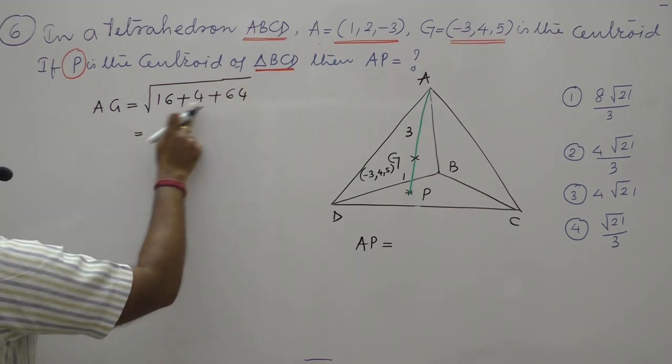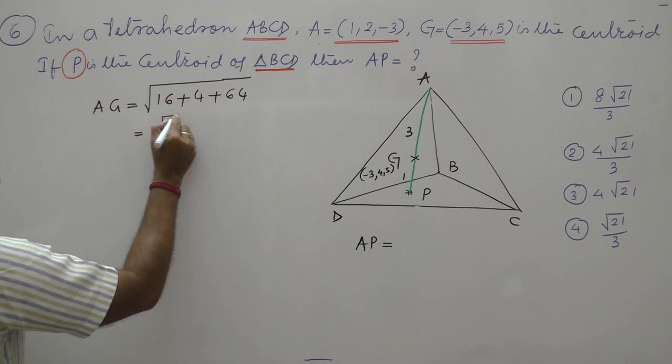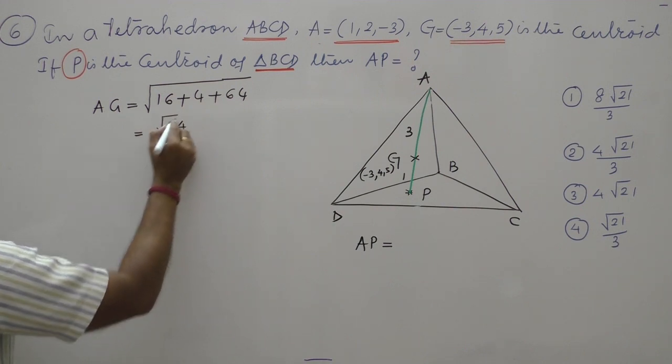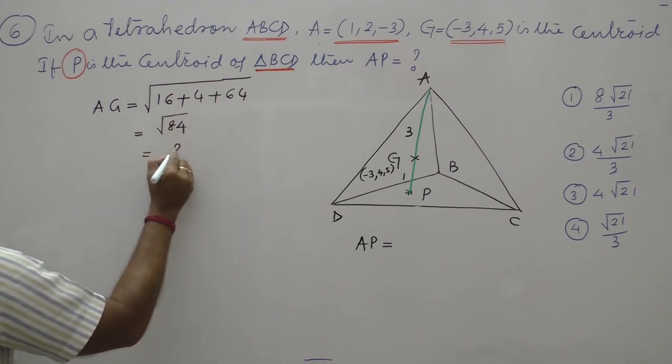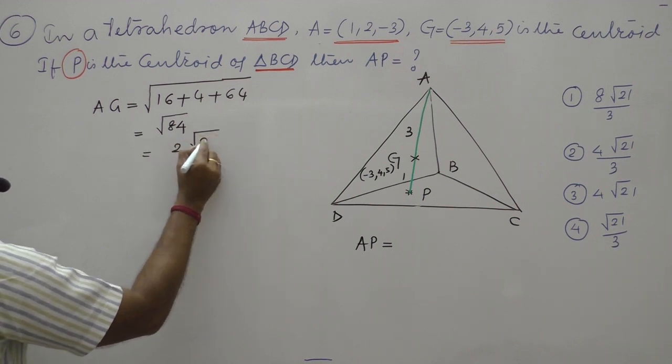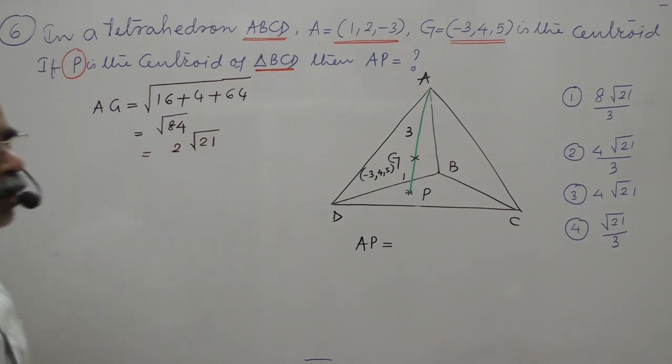What is this? 84. It is root 84. Root 84 can be written as 2 root 21. Yes, no problem.